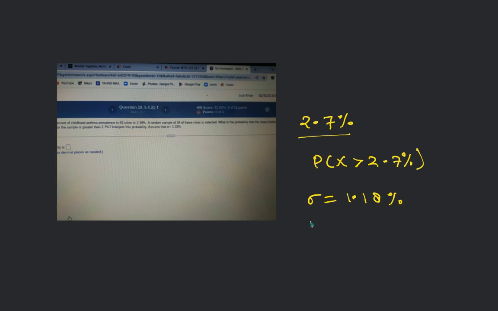Which mean is given? It has two means. In the beginning, it said the mean percent of the 43 cities is 2.47%. And then it also says in the problem, what is the probability that the mean childhood asthma prevalence for the sample is greater than 2.9%?